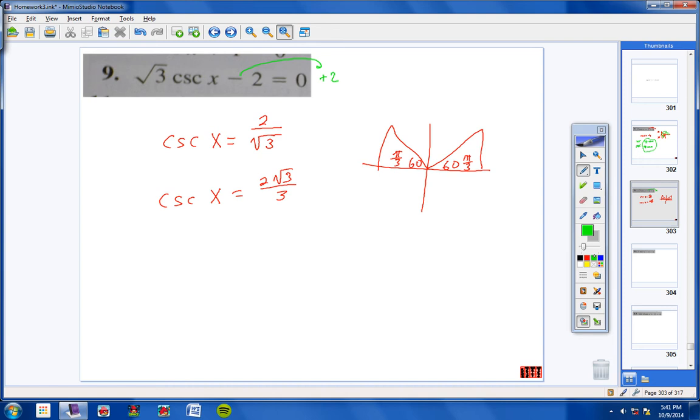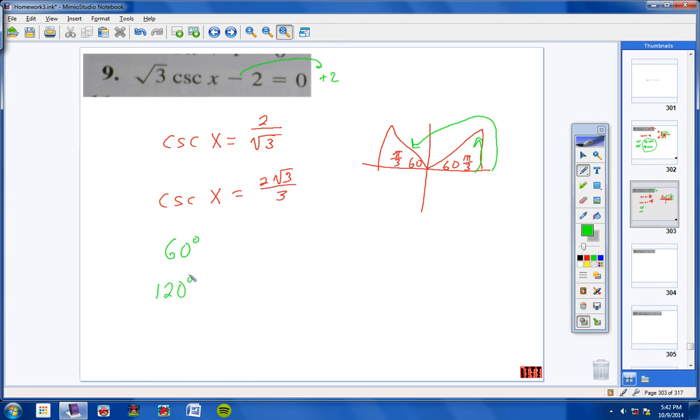We're going to start on the positive x-axis and go to the hypotenuse. So one answer would be 60. Then starting on the positive x-axis here, we go to the hypotenuse, so we're 60 short of 180, which would be 120 degrees.